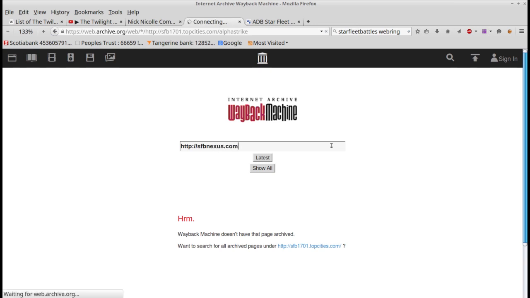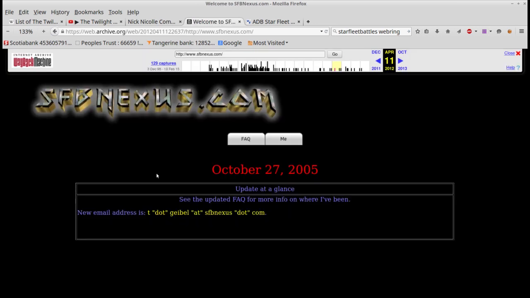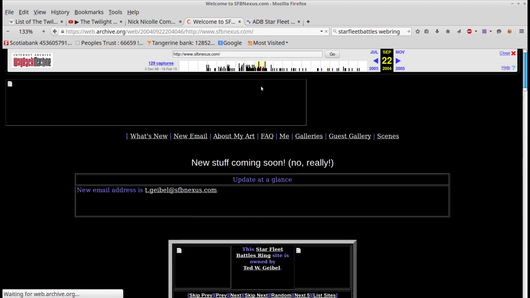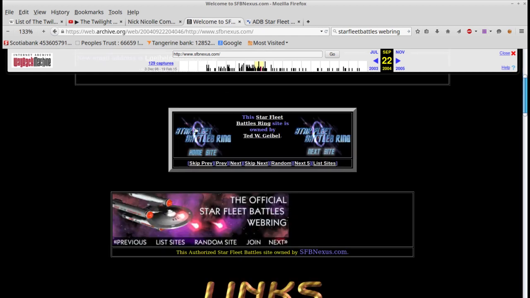SFBnexus.com, I believe, used to be a big site. This used to be where Ted Giebel would have his art. There we go, StarfleetNexus.com. There are various snapshots up here, so let's pick an earlier day. There we go. And here's the web ring.